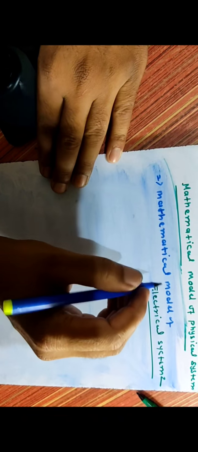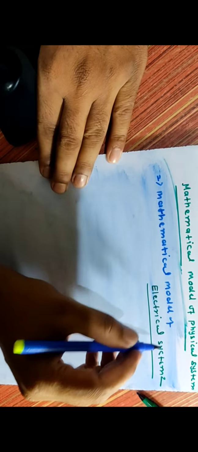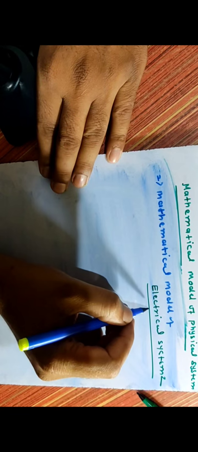The next topic of the mathematical model of physical systems is the mathematical model of electrical systems.